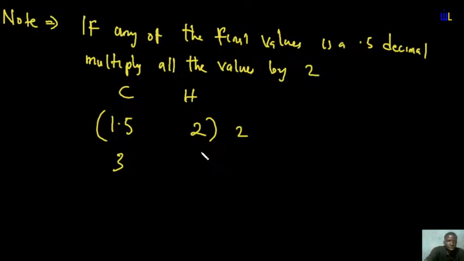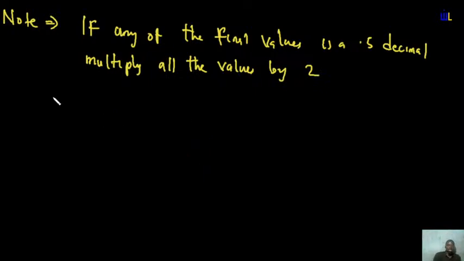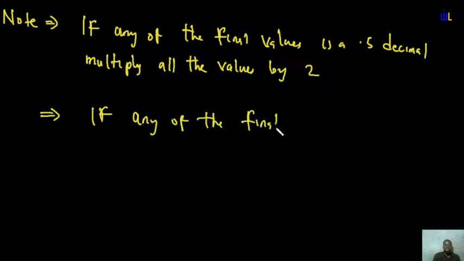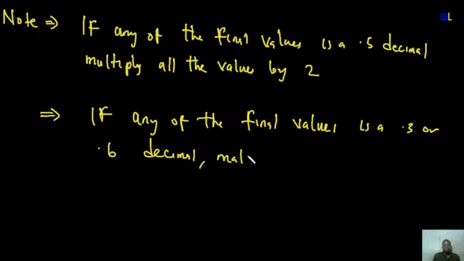That is that basically. Now the second thing to note, which is also related to what I just mentioned, is if any of the final values is a 0.3 or 0.6 decimal, multiply all the values by 3.